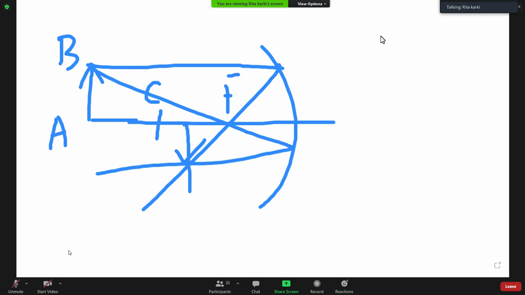The size of the image will be smaller in comparison to the object that is placed in front of the mirror. It will be inverted in nature, and these images can be easily obtained on the screen without any difficulty.